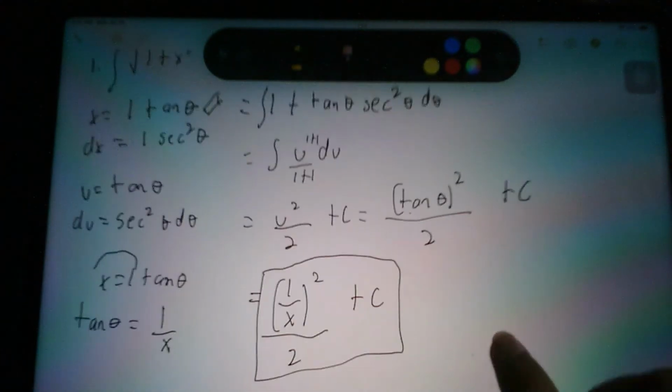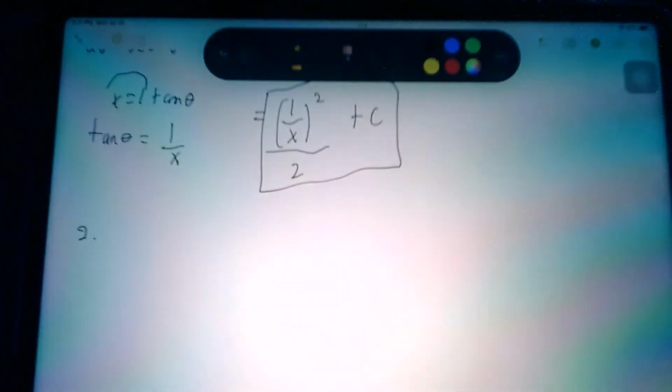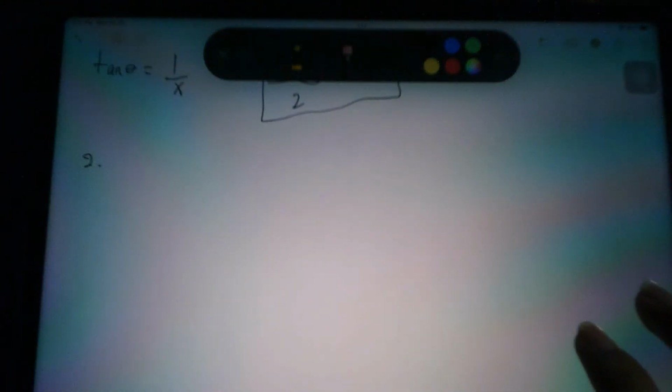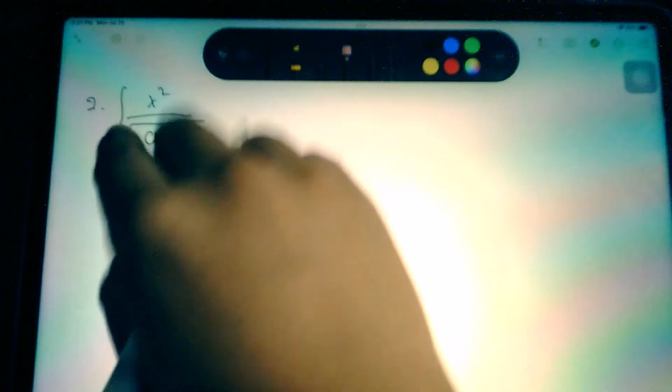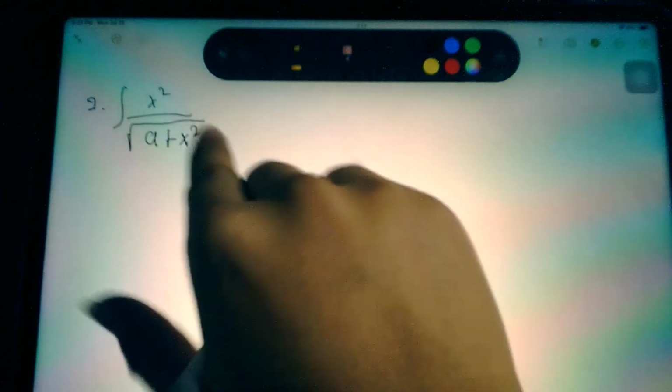Now, let me give you one more example. So this is our problem number 2: the integral of x squared over the square root of 9 plus x squared.